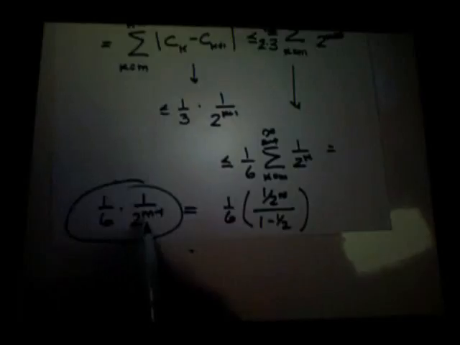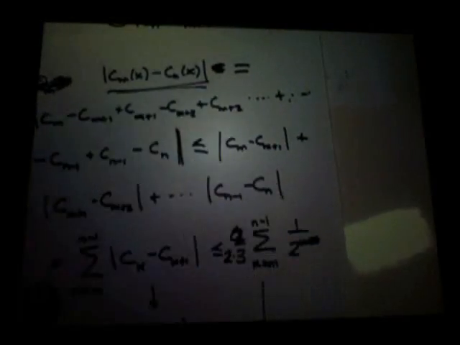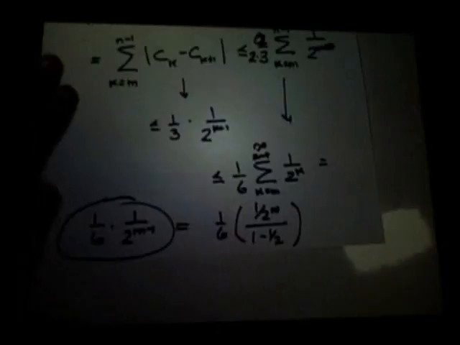Okay, as m goes to infinity, if we want to make this smaller than epsilon, can we find an m so that once we get beyond it, this is true? This thing has to be less than epsilon. If that's less than epsilon, this is less than epsilon, and convergence is uniform. So tell me, what should m be if 1/6 times 1 over 2 to here is less than epsilon?